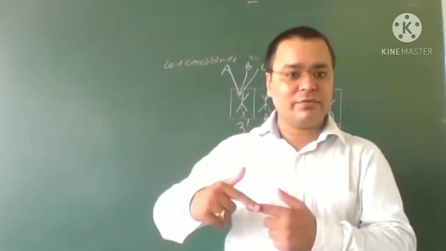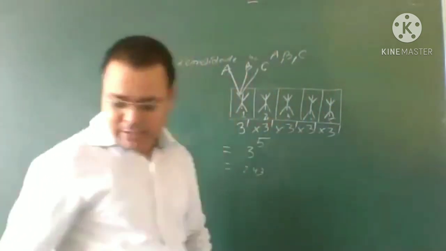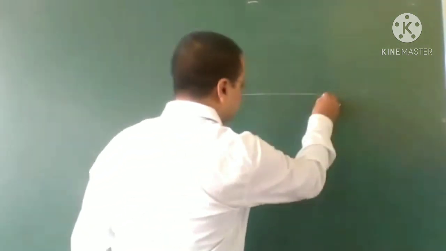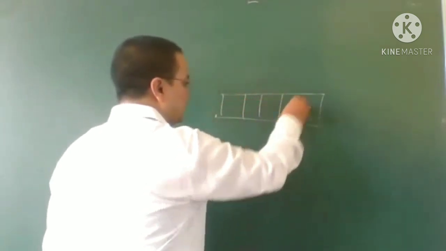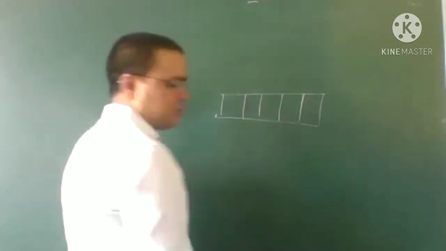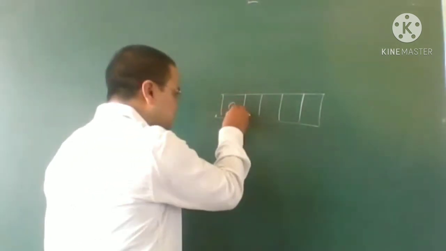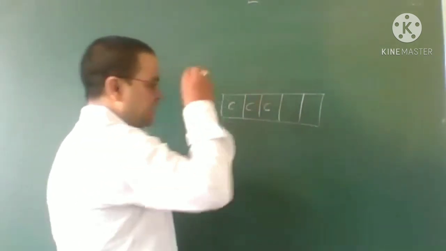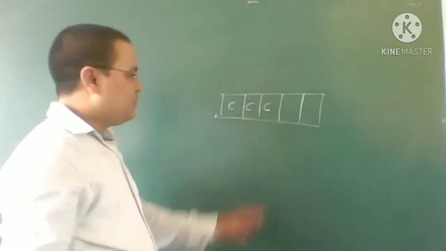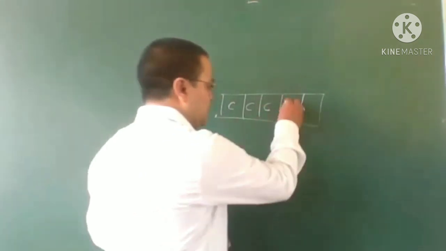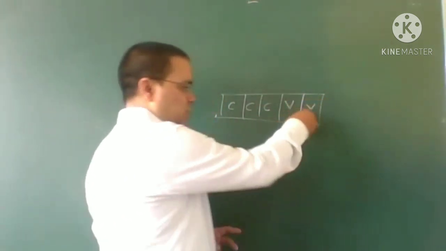He votes for himself. It means here in this case, look here. Try to understand. Here, 1, 2, 3, 4, 5. Voter first, who is a candidate? Let this be a candidate, this be a candidate, this be a candidate. Means out of 5, 3 are candidates. Now the next 2 are voters.